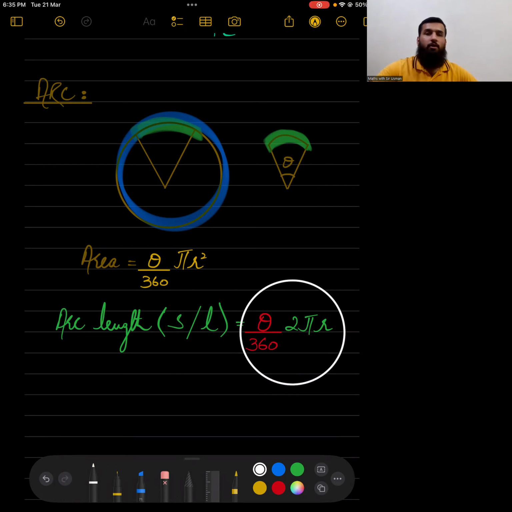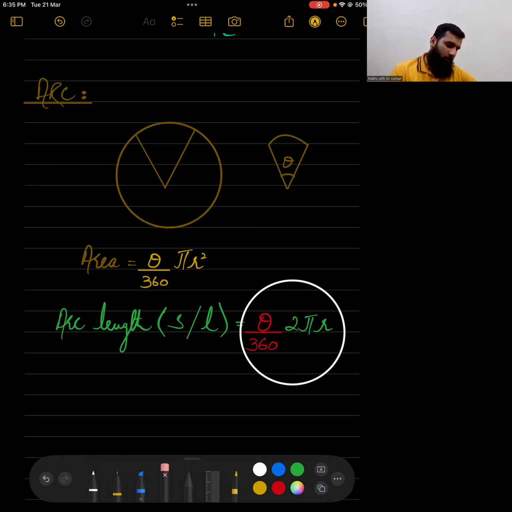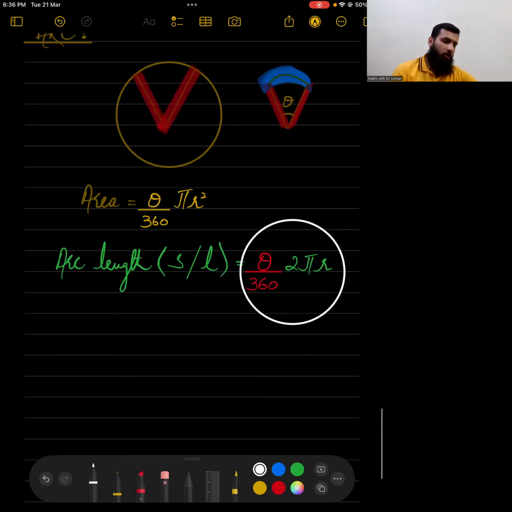Now, moving forward, the examiner could also ask me regarding the perimeter. So this is my arc length. And if you see, this length over here was the radius, and this one was also the radius. So the perimeter is going to be 2 radii plus the arc length.